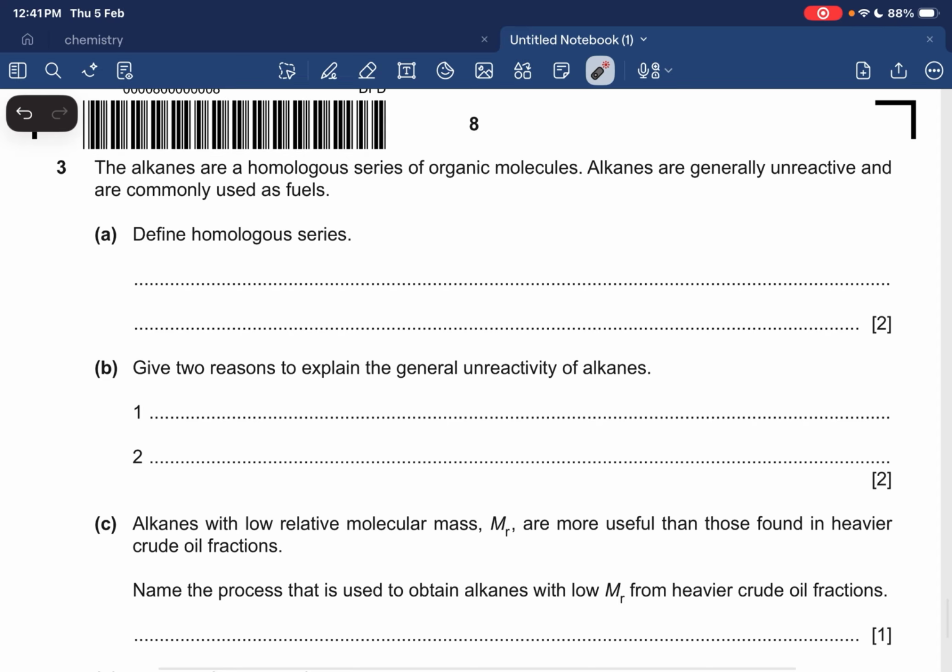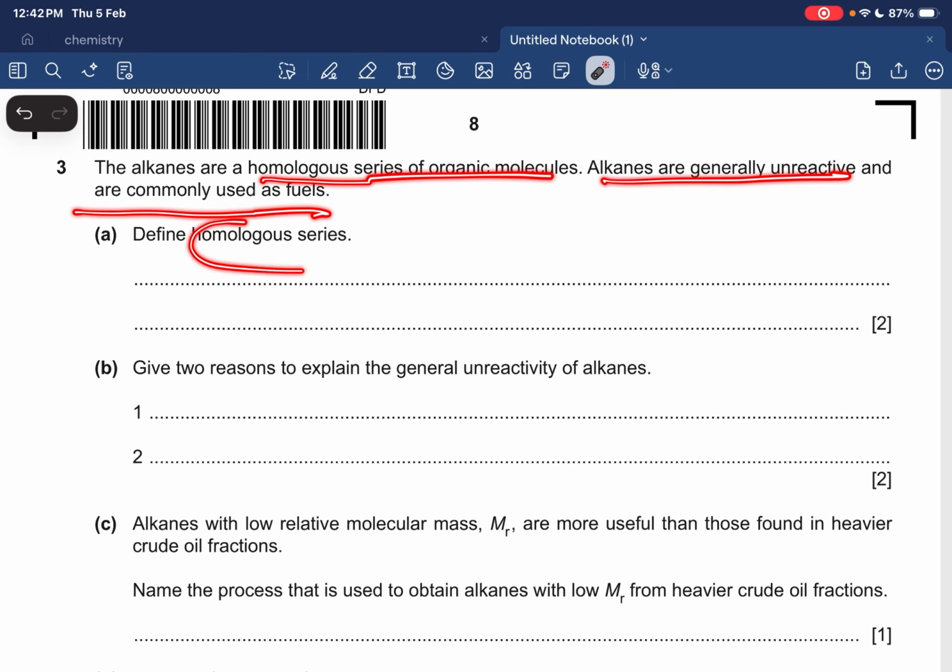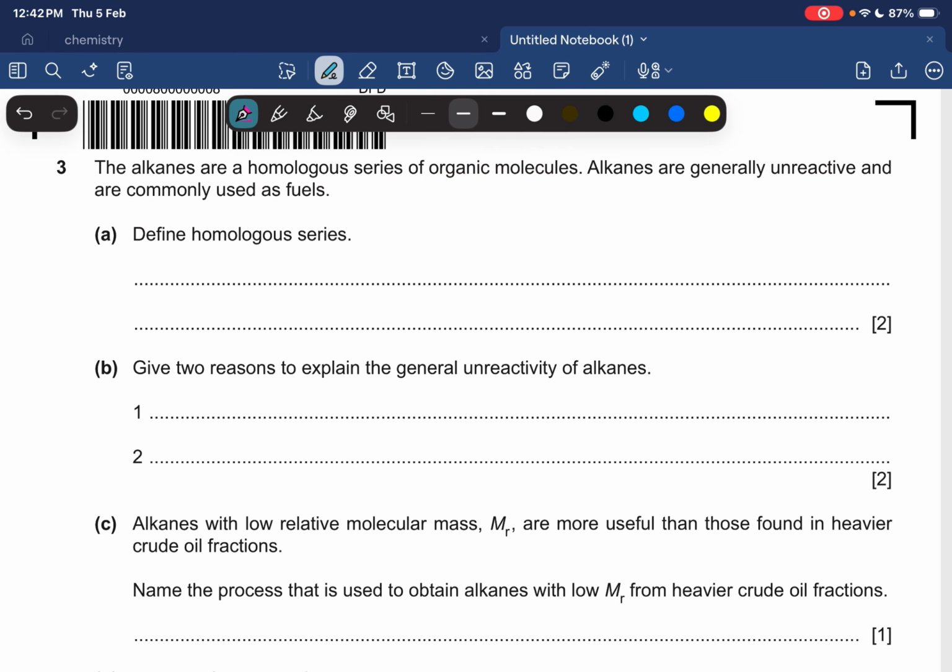The alkanes are a homologous series of organic molecules. Alkanes are generally unreactive and commonly used as fuels. To define homologous series: a group of organic compounds that have the same general formula, that differ by one methyl unit, that have the same functional group, that show a trend in physical properties, and that have the same chemical properties. That's all I know.